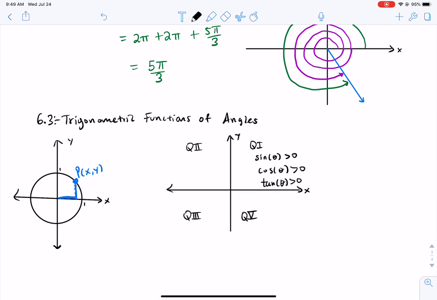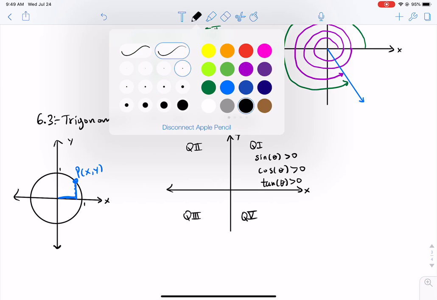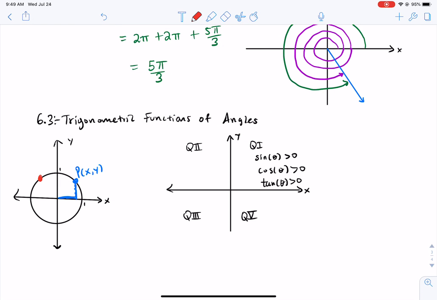What about in the second quadrant? Any point in the second quadrant, what will be negative there? The x component will be negative, I mean, the cosine. Instead of being on the positive x-axis, now you are on the negative x-axis.